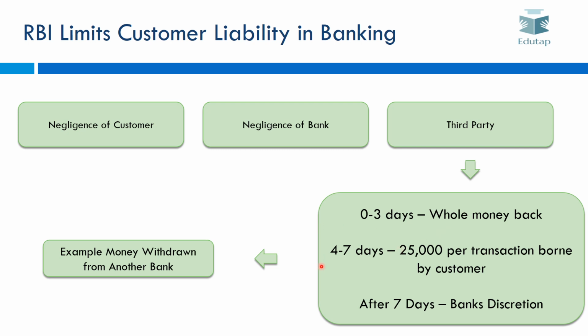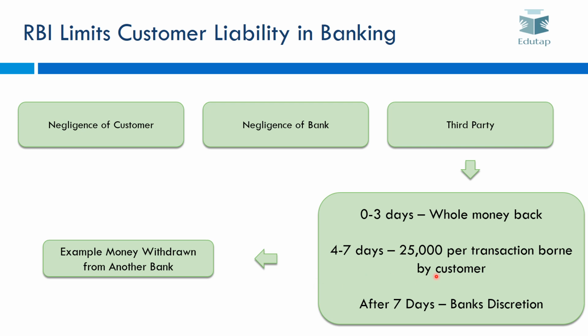But if the customer reports the theft within 4 to 7 days, then the customer has to bear 25,000 per transaction which has been stolen, and apart from that 25,000 the money would be returned by the bank. So suppose during a theft a person goes and buys a TV worth rupees 50,000, and the customer reports it after 5 days. Then it would come under this condition.